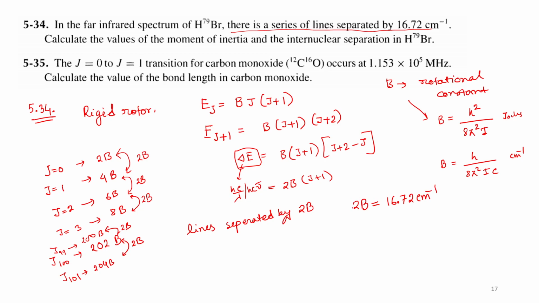Now calculate the value of the moment of inertia. From here you can see your moment of inertia I is equal to h by 8 pi square bc, in centimeter inverse, whatever unit is going to come.